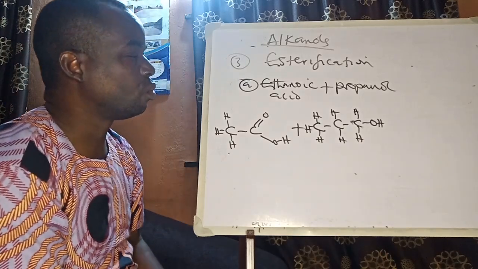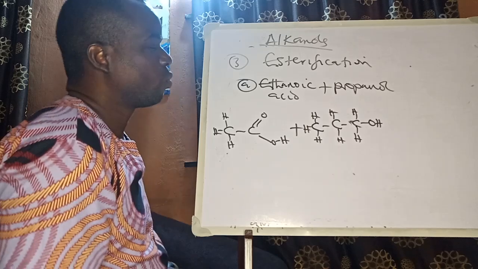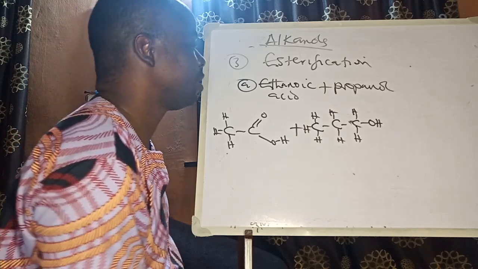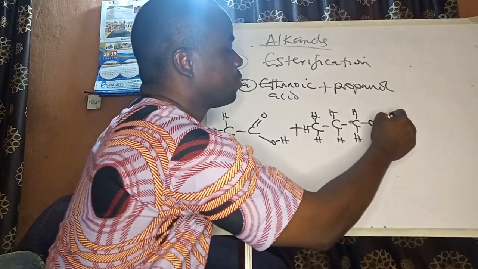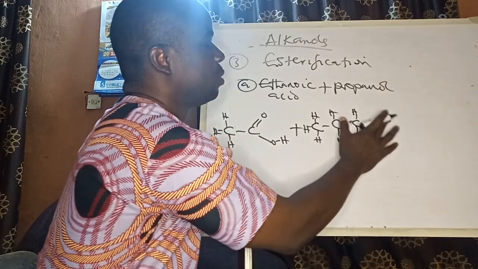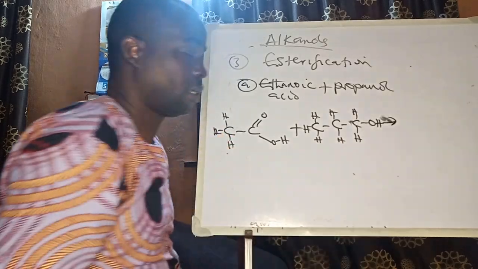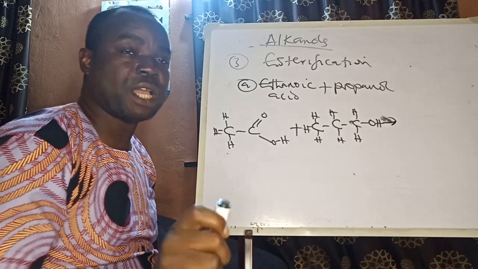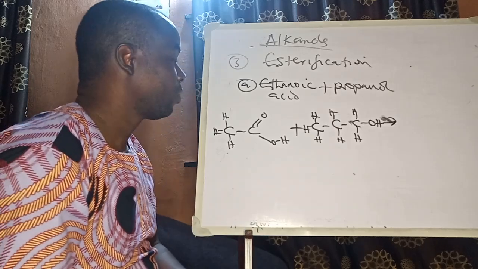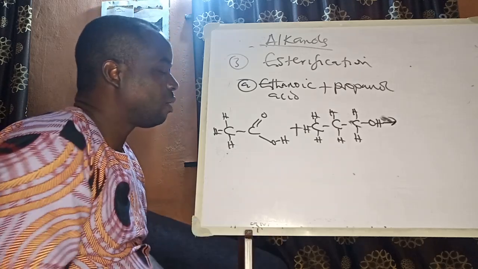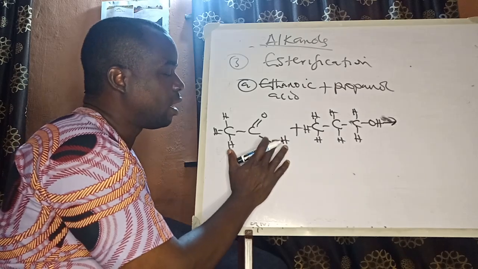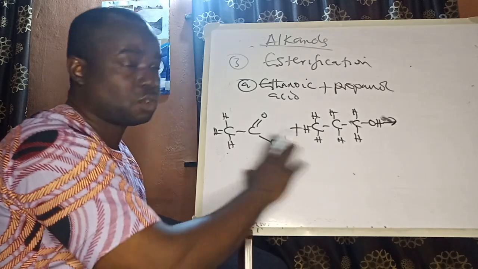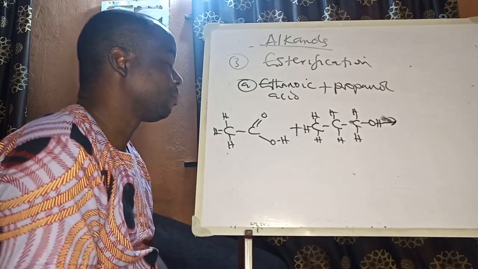Now I'm going to write the product here. Now let's solve. Pay attention very well. Let me combine these two together. Or rather, let's work on it. We'll look at it later.